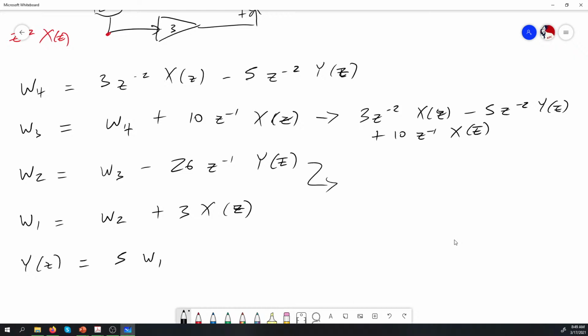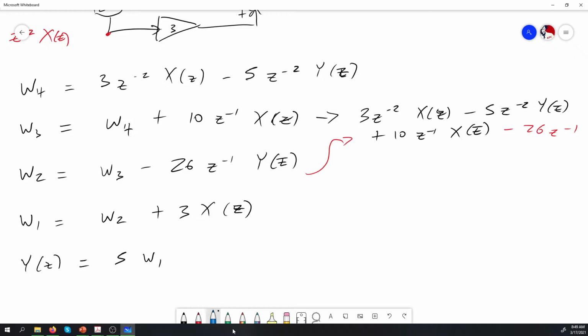This one here, because we have W3, is going to be this entire equation here. I don't want to have to rewrite all of this, so I'm just going to use different inks. So this here can go here, and W3 is positive, so we just add in 26 z to the -1.